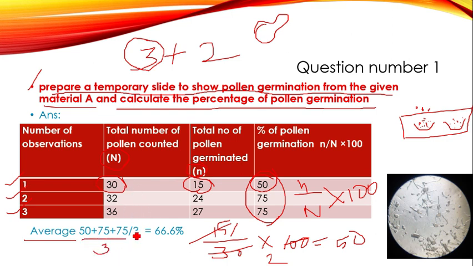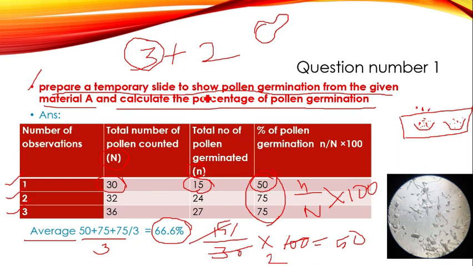Here 3 slides, 3 times you did, hence you divide by 3. If you do 50 plus 75 plus 75 divided by 3, then you get the result 66.6%. This is the average percentage of pollen grains which are germinated. Okay, this is how you have to write it.